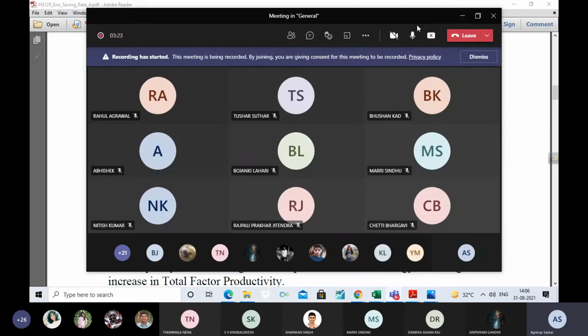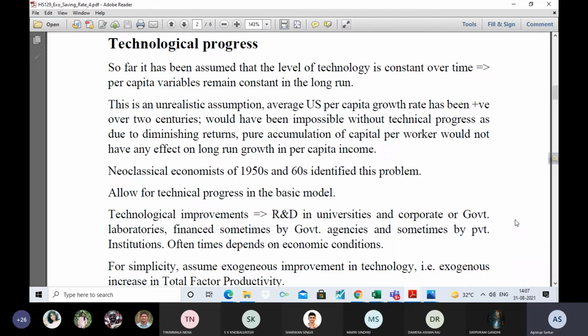Okay, so right, basically, what's the need for incorporating technological progress? So far, we have assumed that the level of technology is constant over time, right? So that has been an assumption of ours so far.